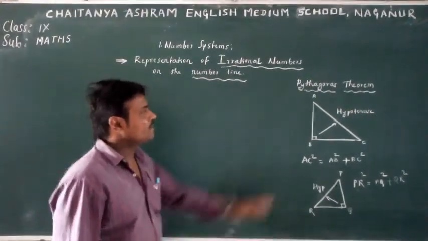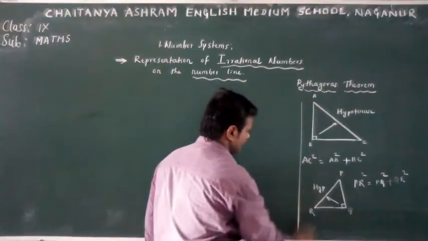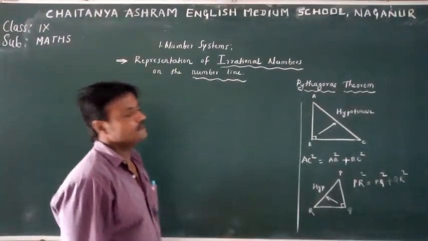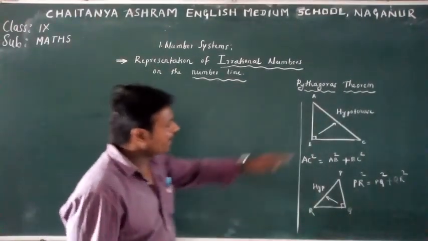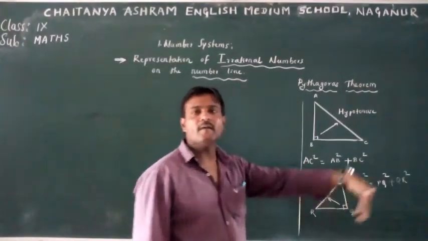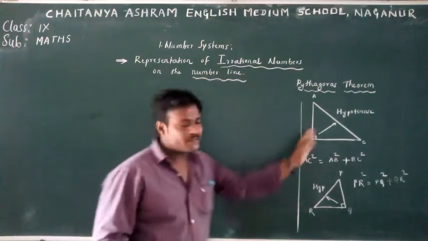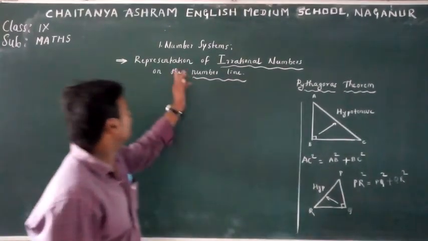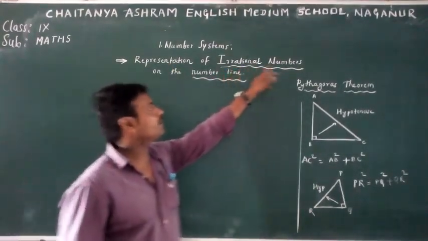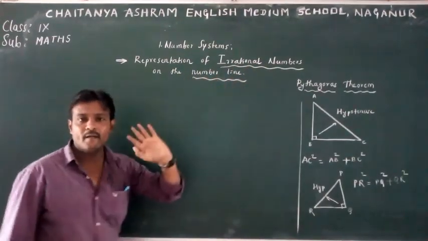Clear? So this is about Pythagoras theorem. This theorem holds good only for a right angled triangle, not other triangles. So we use this concept to represent irrational numbers on the number line.